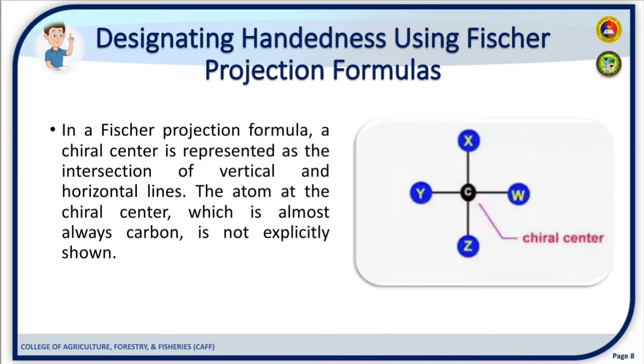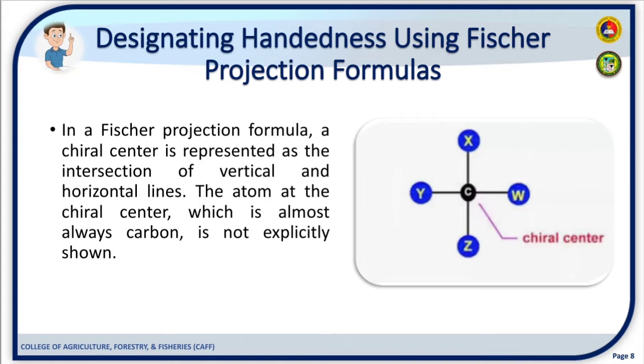If this diagram was drawn using the wedge and dash, the horizontal lines represent the atoms that are pointed towards the viewer, while the vertical lines represent the atoms that are pointed away from the viewer. As you can see, the atom at the chiral center, which is almost always carbon, is not explicitly shown in a Fisher projection formula.